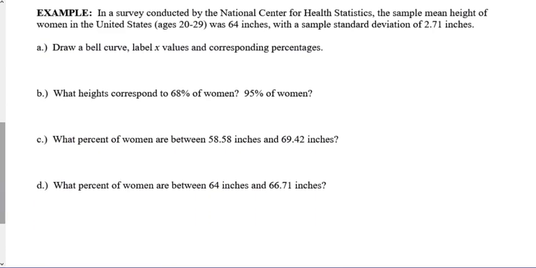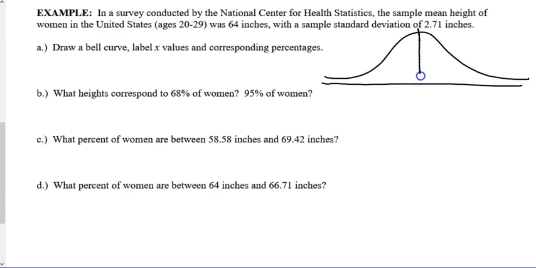All right, draw a bell curve. A real small one because we don't have a lot of room here. So what's our mean? 64. What's our standard deviation? 2.71. So there's plus and minus 1. So 64 plus 2.71 is 66.71.